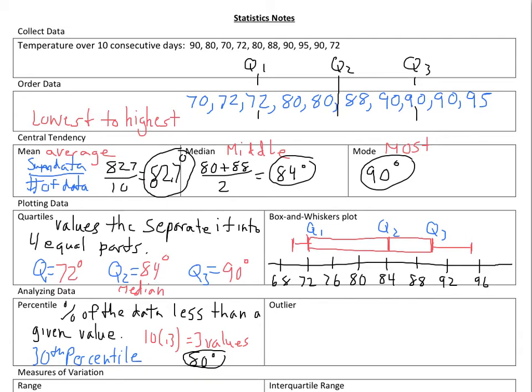So what is an outlier? It is a value that is substantially different from the rest.